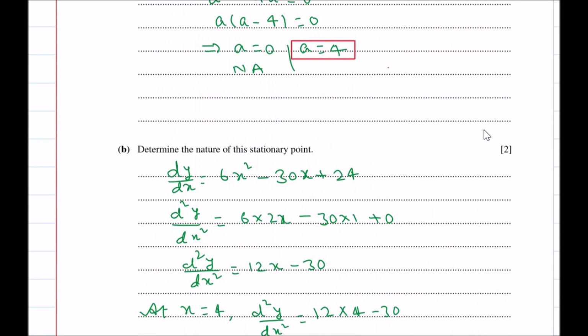Next, it says find the equation of the curve. As we can see here in the question, we have been given dy by dx. And now we have to find the equation of the curve. So that means we need to integrate this dy by dx. Let me write dy by dx there.